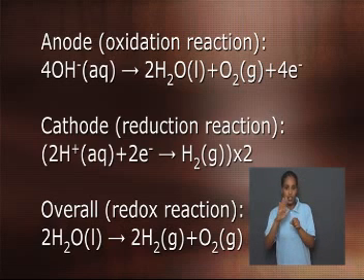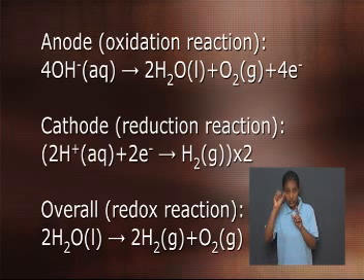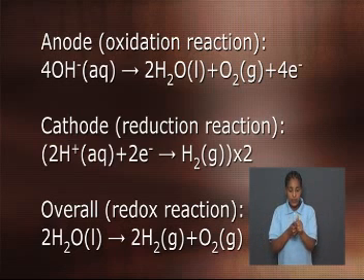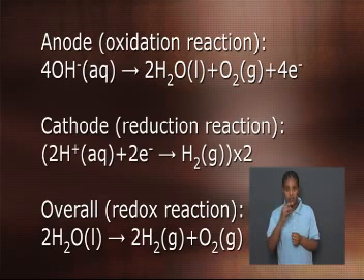At the anode, OH- ions are discharged before SO4 2- ions. This is because the hydroxide ion is below the sulfate ion in the electrochemical series. The electrolysis of a dilute sulfuric acid solution results in the decomposition of water to oxygen and hydrogen gas.